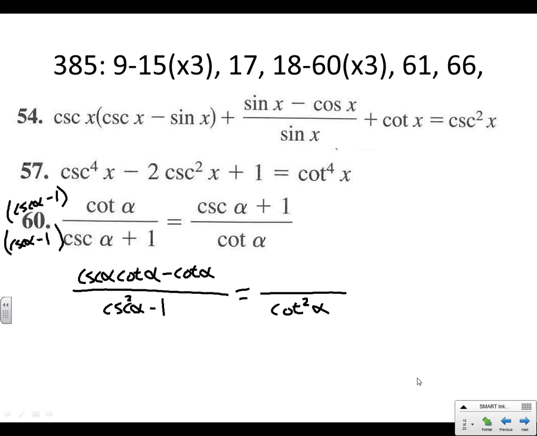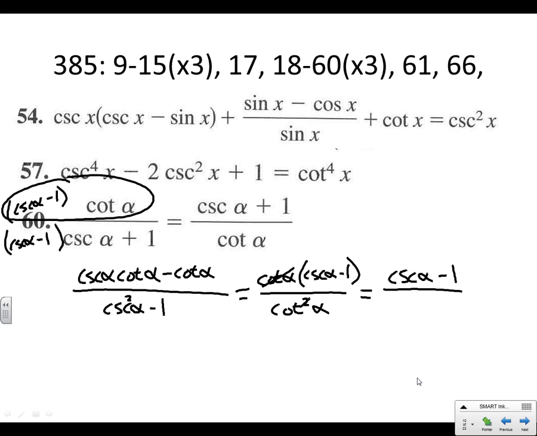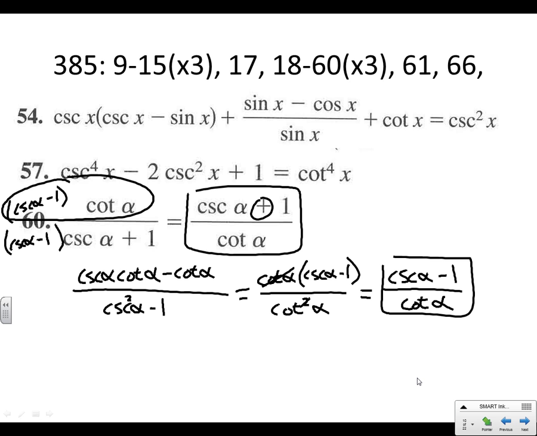In the numerator, actually, I'm going to pull that cotangent back out so we can cancel it now: cotangent alpha, cosecant alpha minus 1. I'm doing that now because I see we can cancel some cotangents here, and we've got cosecant alpha minus 1 over cotangent of alpha. Is this equal to this? No, it's not, because we've got opposite signs. So 60 is no, not an identity.